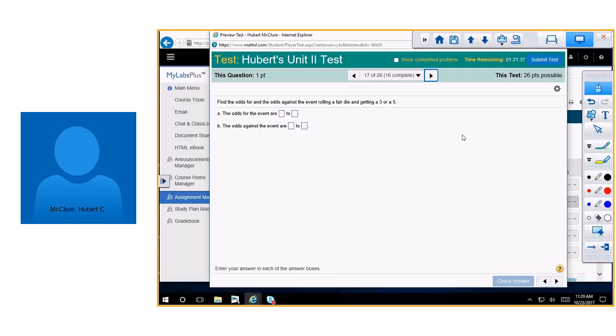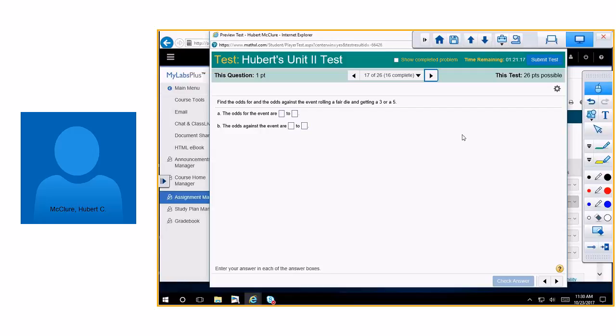So what's winning? What's success? A 3 or 5. So the probability of a 3 or 5 is 2 out of 6, which is 1/3.